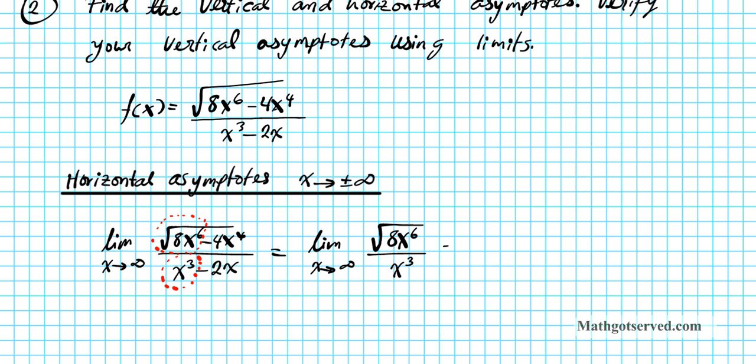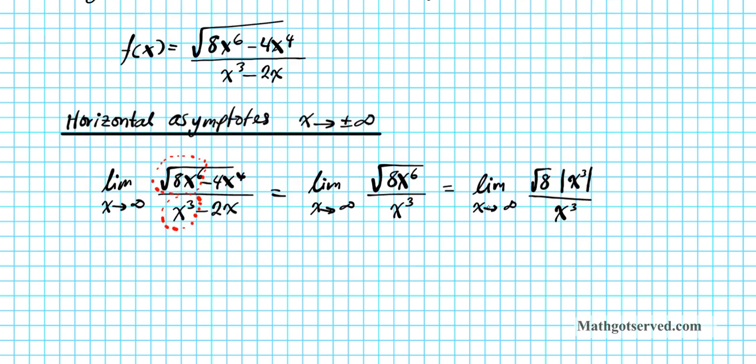When I take the square root of the numerator, I have the limit as x approaches infinity of square root of 8 times the absolute value of x to the 3rd over x to the 3rd. Anytime you take an even root, you add the absolute value.